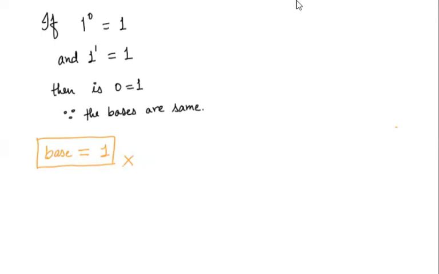So let me assume some base b, with b to the power x1 equal to b to the power x2. Now, since b is the same on both sides and the powers are x1 and x2. Are you getting it? So here the powers are x1 and x2 and the base is b.